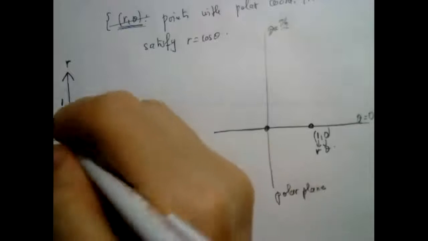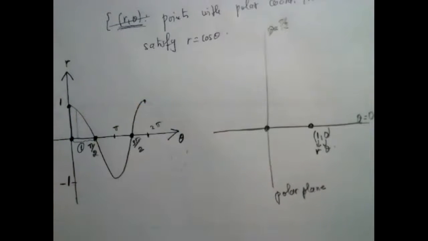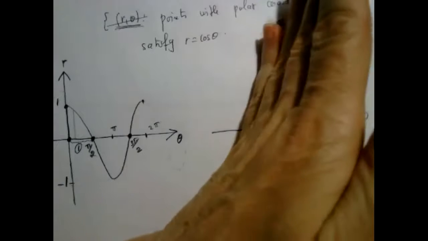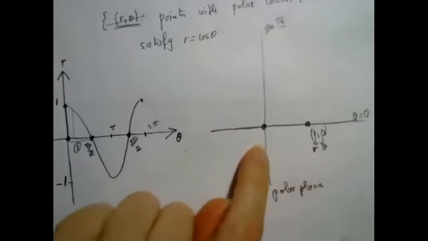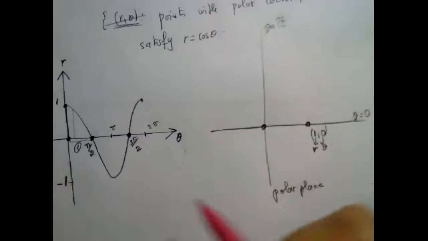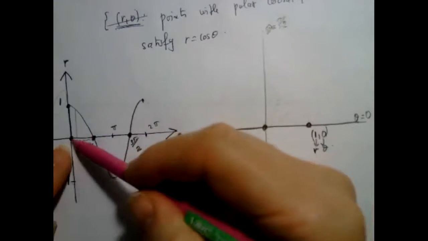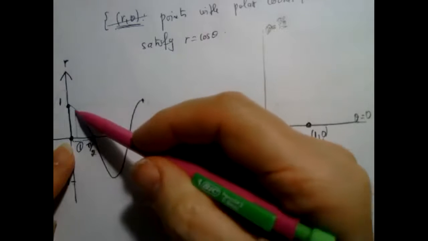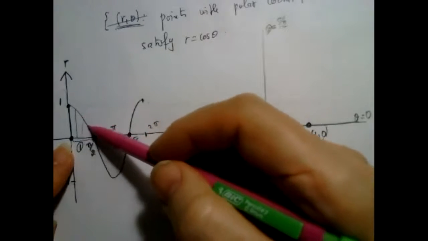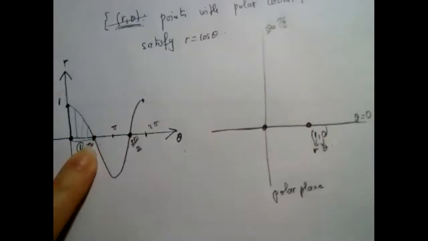I'm going to call this region 1. If theta starts sweeping this quarter, moving from 0 to pi over 2, what is r doing? r is decreasing, decreasing, decreasing all the way to 0.